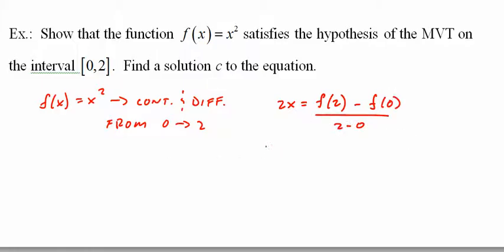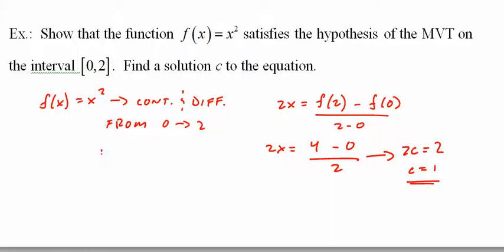And we're saying there's some solution c, so we plug that in. 2c equals, oh my bad, f of 2 is 4, minus 0, over 2. And we'll say 2c equals 2, therefore c equals 1.